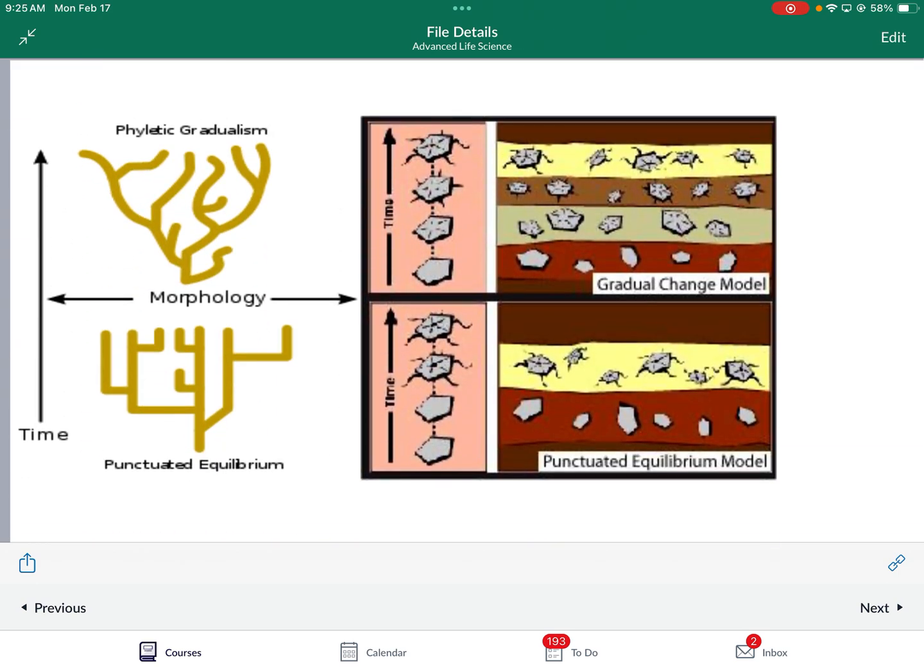You can kind of see how landforms might be very different because of that rapid change, leading to less diversity. Whereas with gradual change, you're going to see lots of different diversity and lots of organisms in the fossil record.